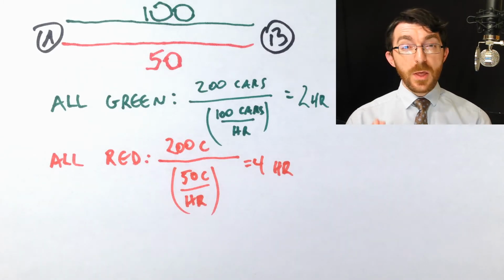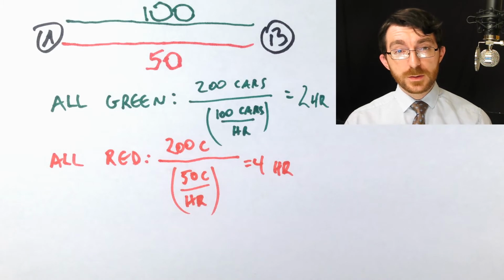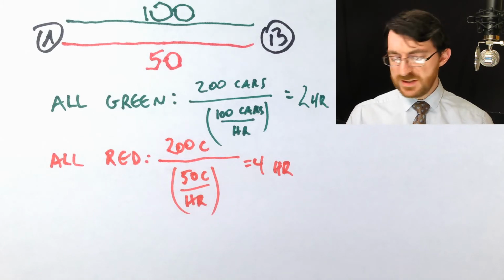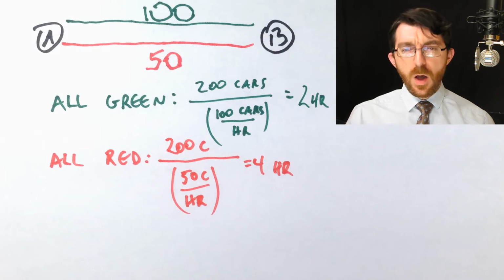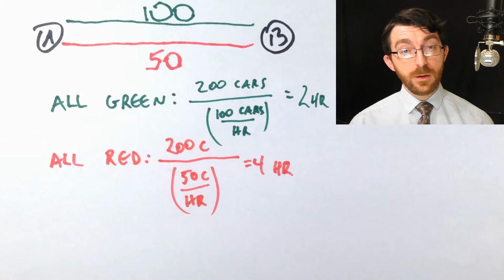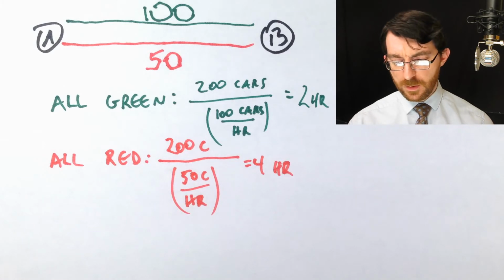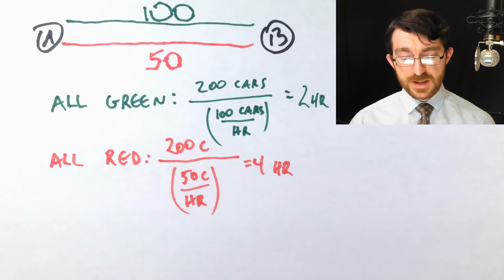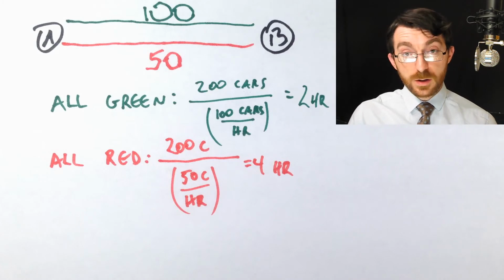Let's try to work out the best path. So let's just take a guess and see where that takes us. What if we could make half the cars go on the green road and half the cars go on the red road? Split them up evenly. How long does that take? Well, 200 cars split into two groups. Each group would be 100 cars.